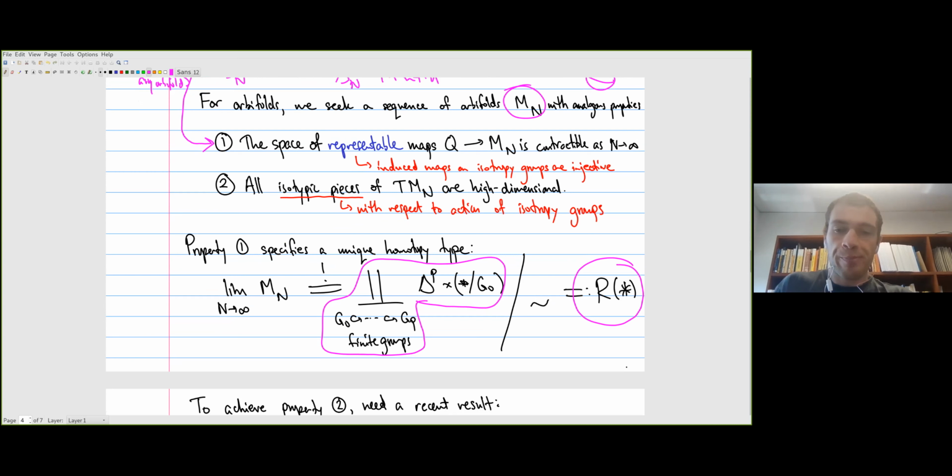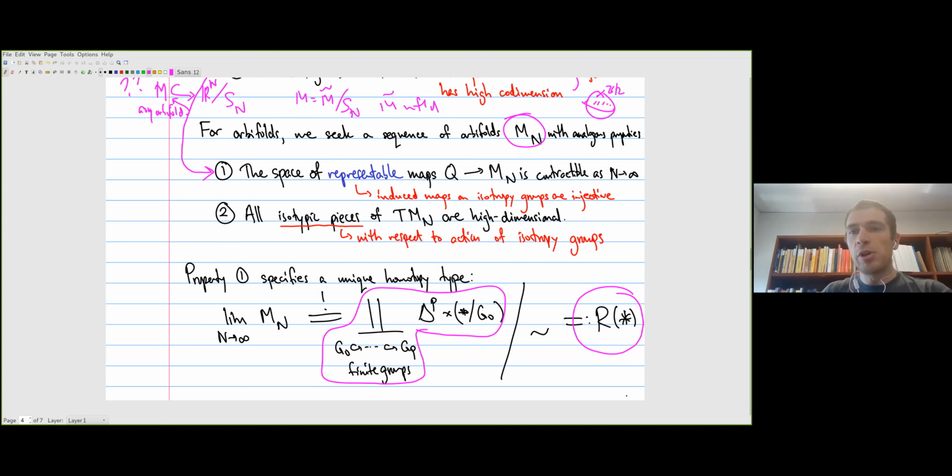If you have any CW complex, you can realize it as a manifold. What do I mean by that? If you have any homotopy type, you can realize it as a manifold. Moreover, you can realize it as a high dimensional manifold just by crossing with Rn.